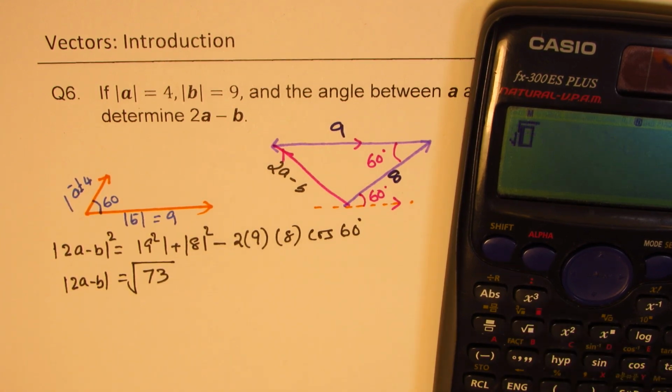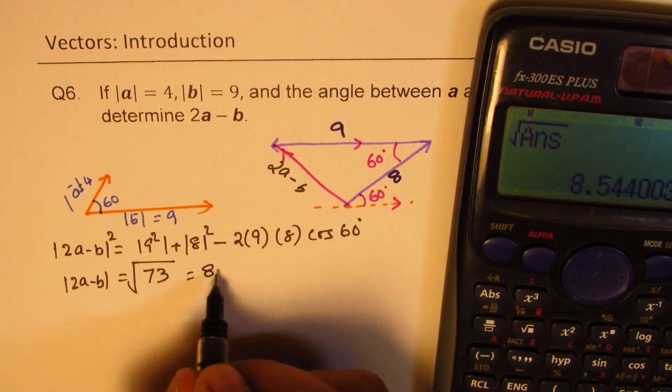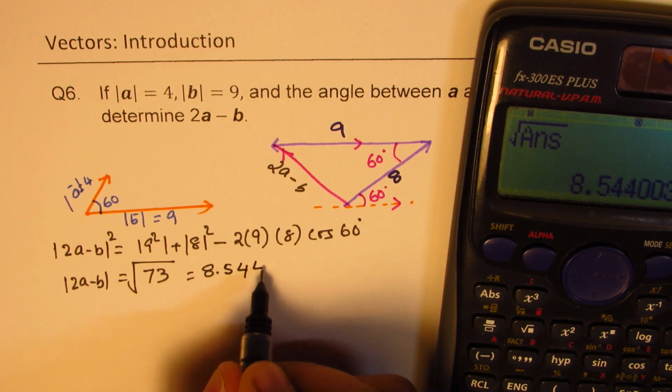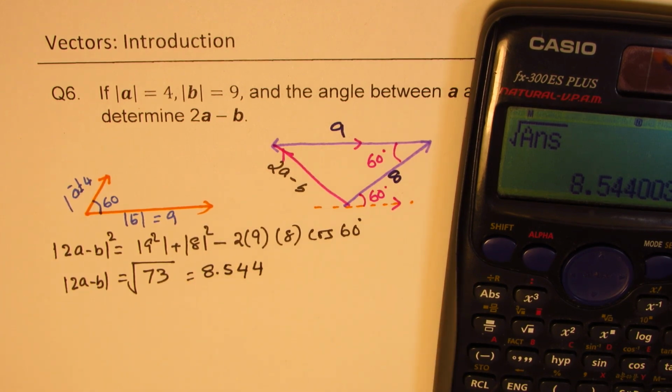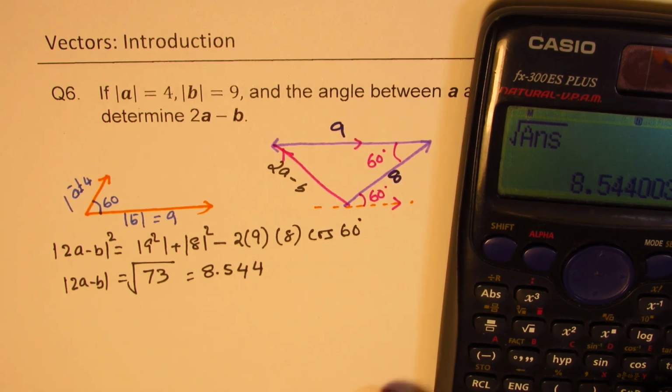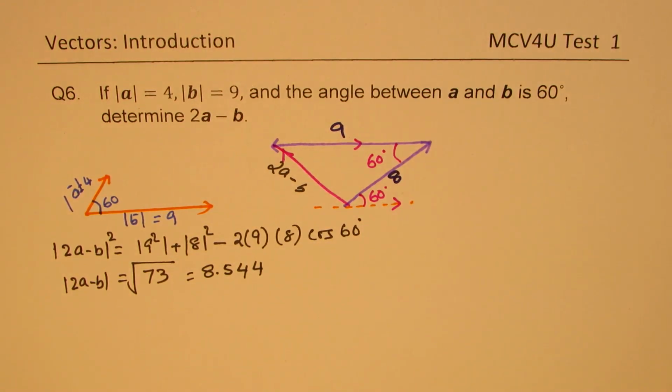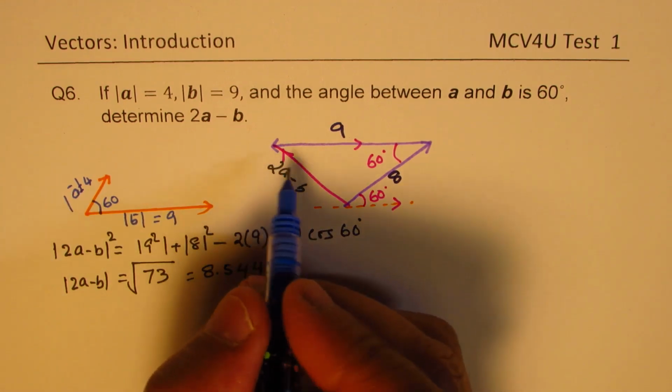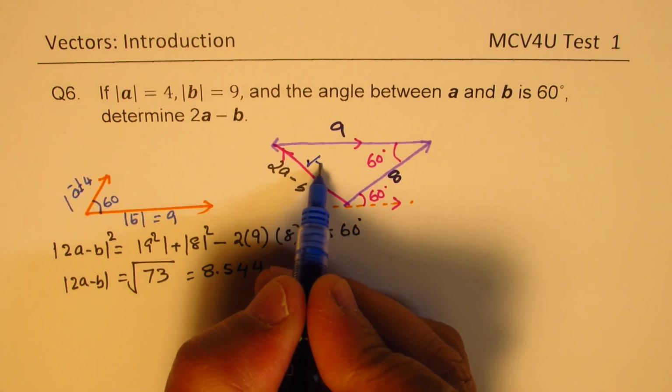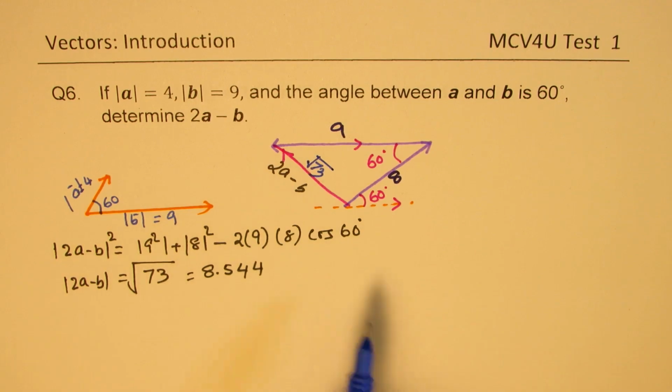So let's do square root of our answer, which in decimals is 8.544, right? Or we can say square root of 73, right? So that becomes the magnitude. So now we know that this side here is square root of 73.